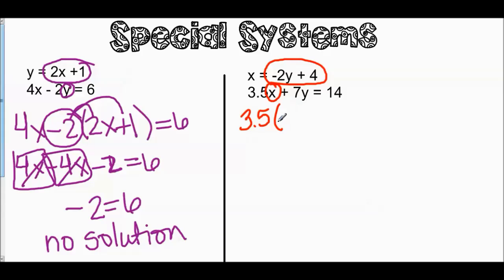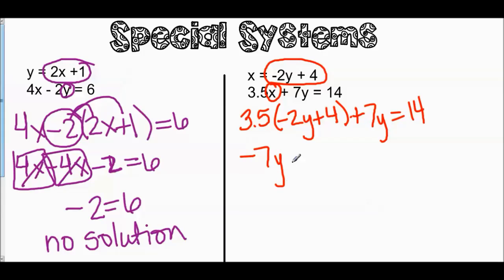3.5 times -2y plus 4 plus 7y equals 14. Then I will distribute 3.5, which makes that -7y, plus 3.5 times 4 would be 14, plus 7y equals 14.